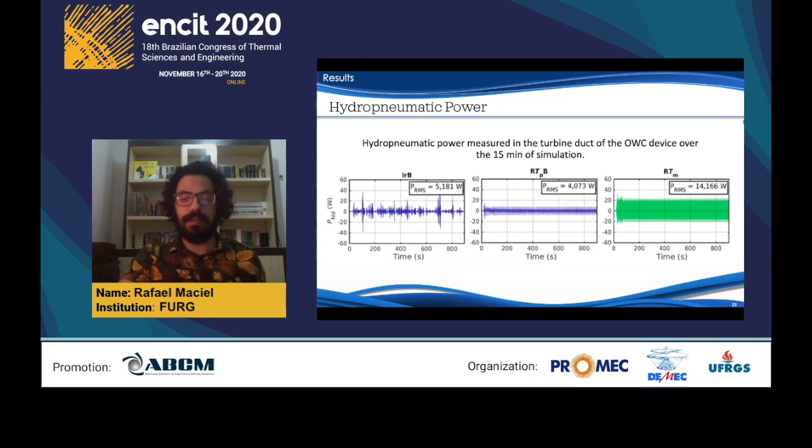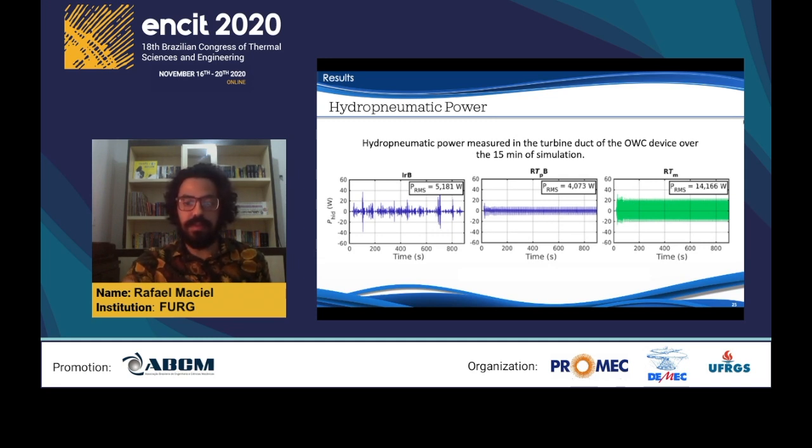Here we have the instantaneous hydropneumatic power available in the turbine duct of the device. For irregular waves, a power of 5.12 watts was obtained. For the representative regular wave with peak period, 4.07 was obtained, while for the representative regular wave with the mean period, 14.17 watts was obtained.